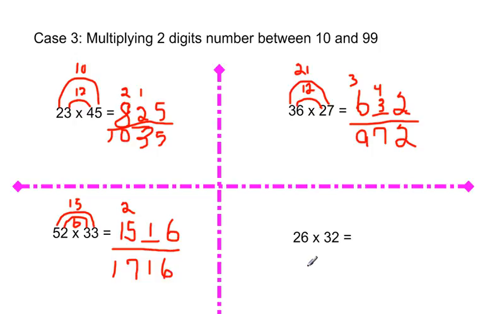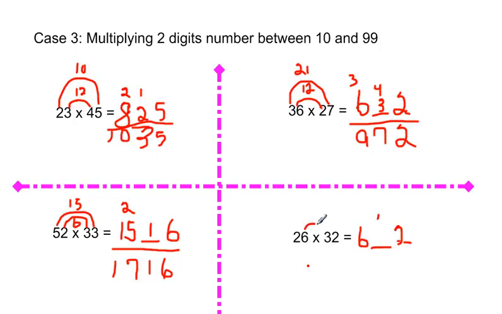And the last problem I'm going to do with you, just one more problem. We have 26 times 32. 2 times 3 is 6, so that's our first digit. We're going to put a space here because we've got to fill in this digit. And then 6 times 2 is 12, so I'm going to put down a 2, carry the 1. And then I'm going to find my middle digit.